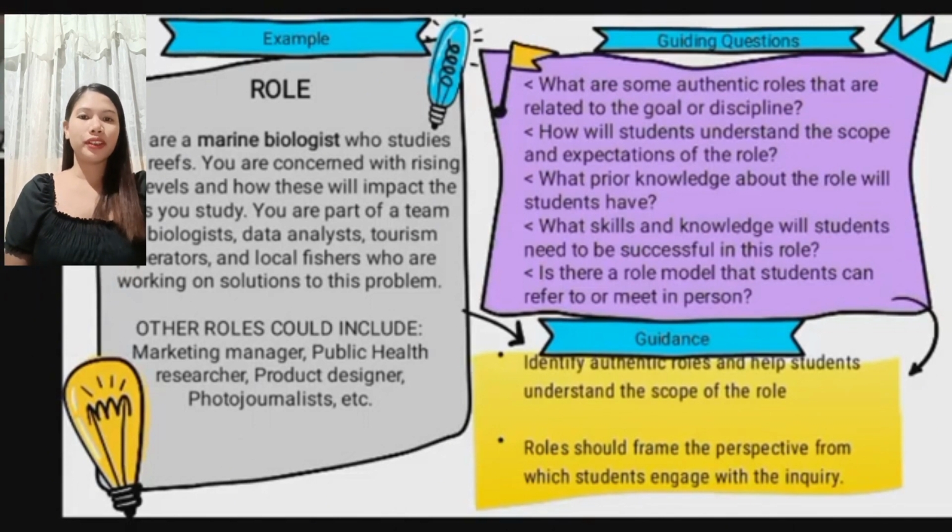You are part of a team of biologists, data analysts, tourism operators, and local fishers who are working on solutions to this problem. Other roles could include marketing manager, public health researcher, product designer, photojournalist, and so on.